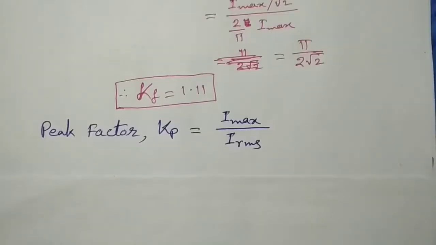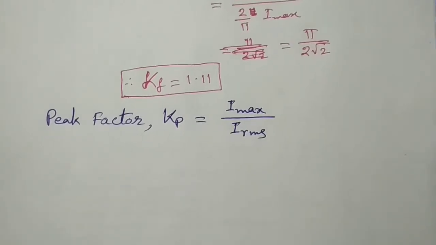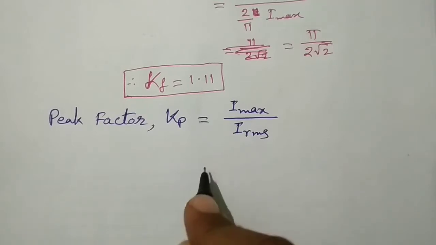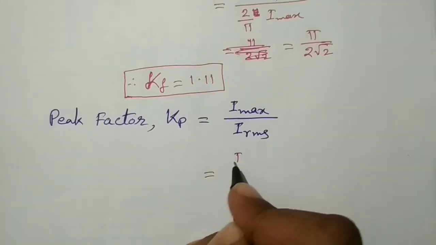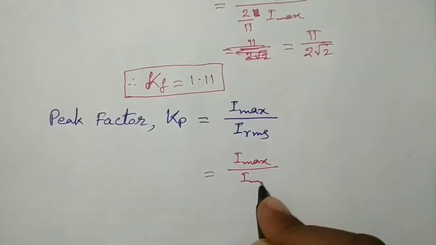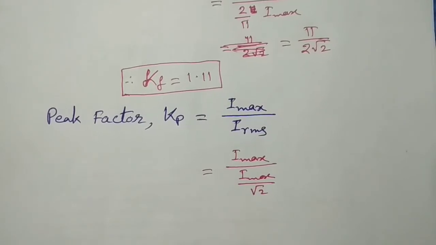Next is the peak factor. As we know, the peak factor is the ratio of the maximum value to the RMS value. So it is I max upon the RMS value, which is I max upon root 2. That means root 2, and it is 1.414.